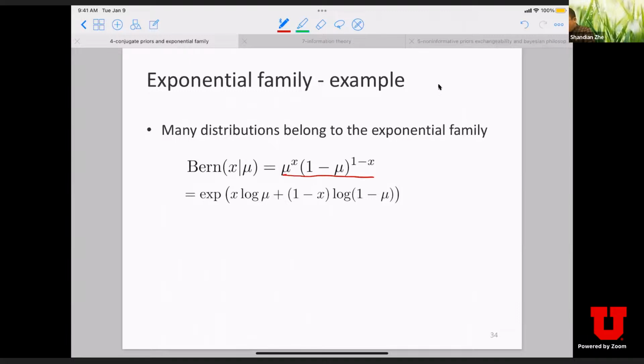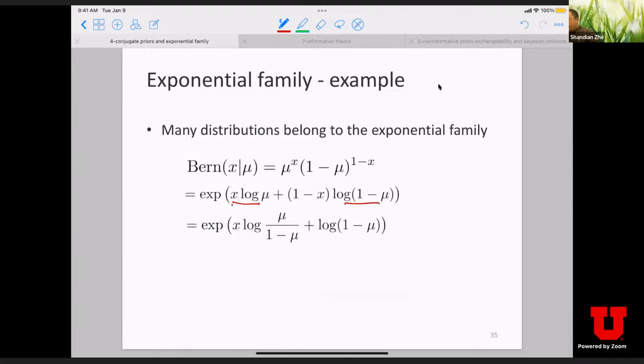So you can see that when we take the logarithm over this, it becomes x times the logarithm of mu plus 1 minus x times the logarithm of 1 minus mu. And then I need to take the exponential outside to be equivalent to the original form. Then we take a look at the exponent and merge all the terms involving x. It's relatively straightforward: you have two terms that contain x, x log mu minus x log 1 minus mu.